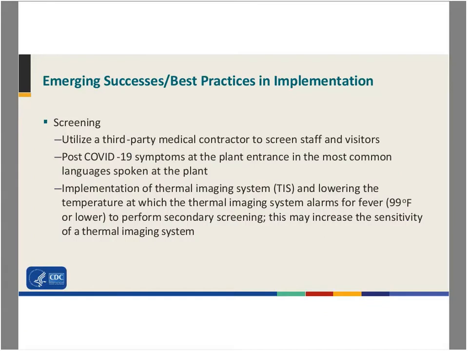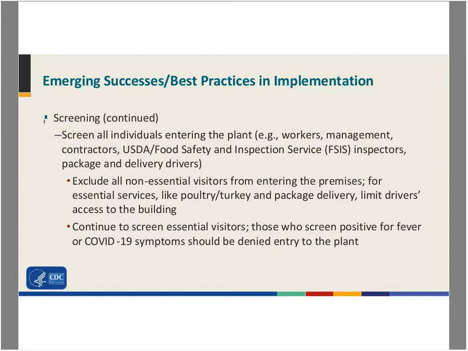If you use a thermal imaging system, facilities have said lowering the temperature threshold to 99 degrees helps. If a higher temperature is found in an individual, you can perform secondary screening from there. So this increases the sensitivity of the instrumentation.